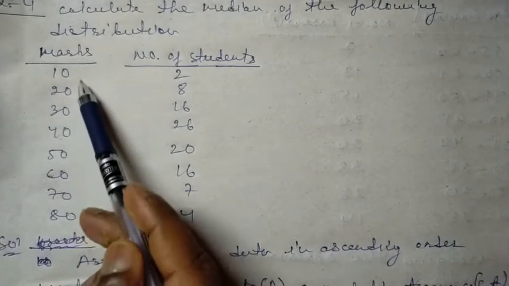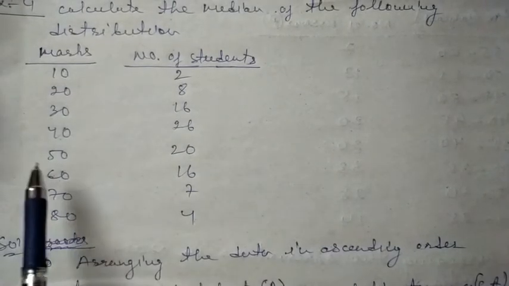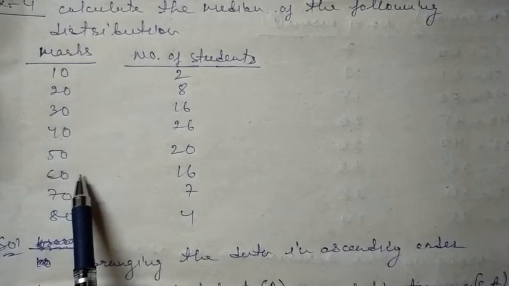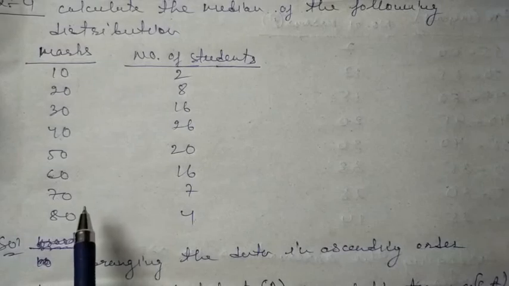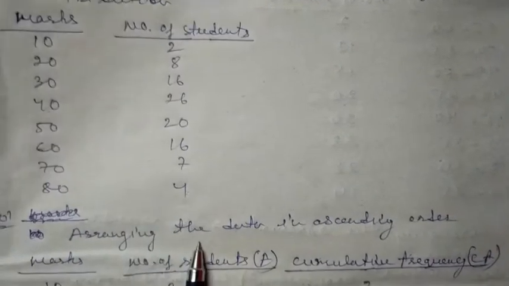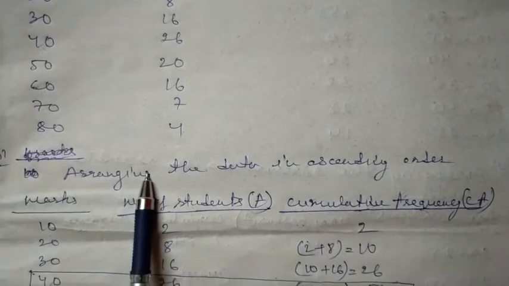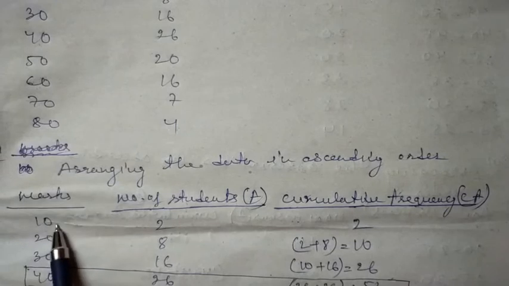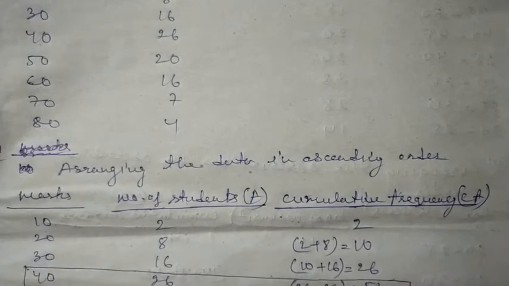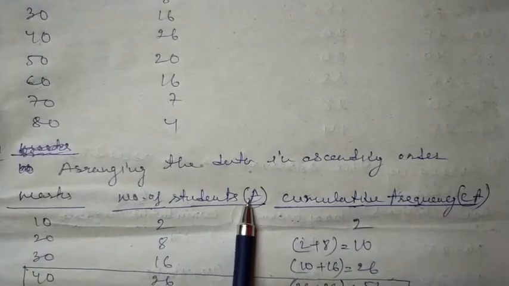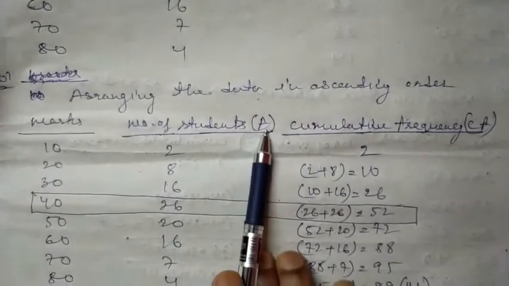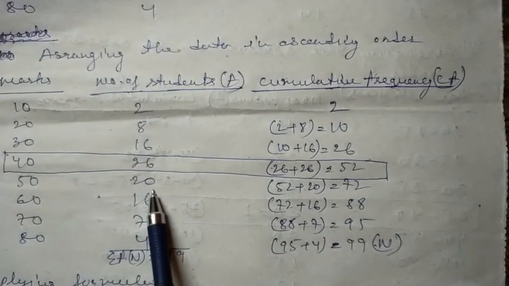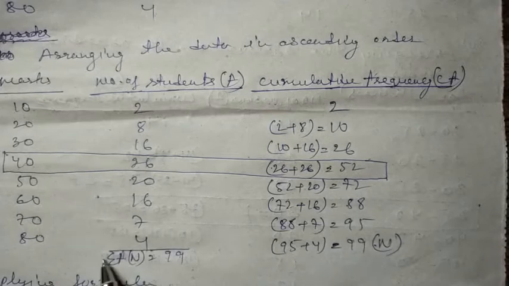As you can see, this is already in ascending order. If it was not arranged in ascending order, we should have arranged it. So the marks are 10, 20, 30, 40, 50, 60, 70, 80, and the number of students, the frequency, is 2, 8, 16, 26, 20, 16, 7, 4.